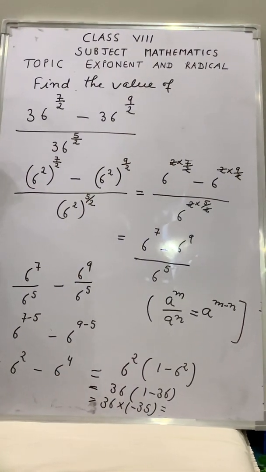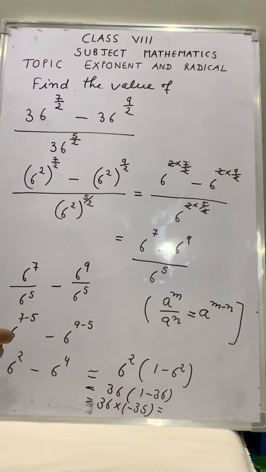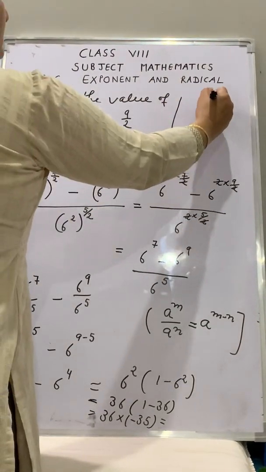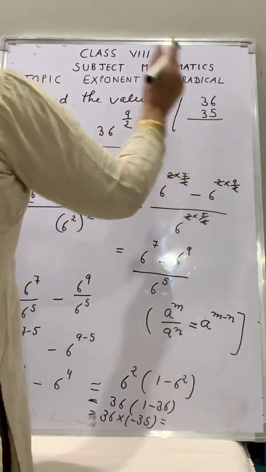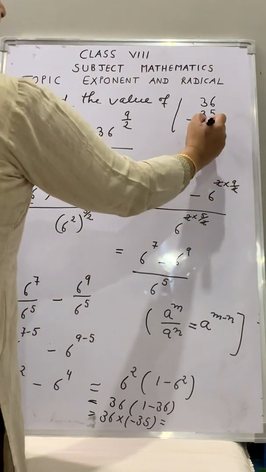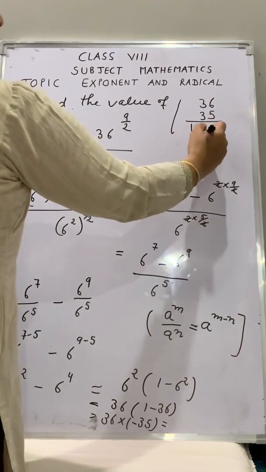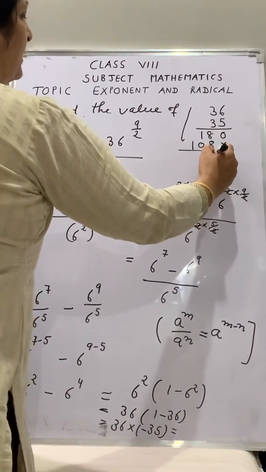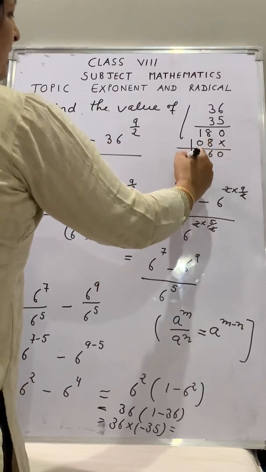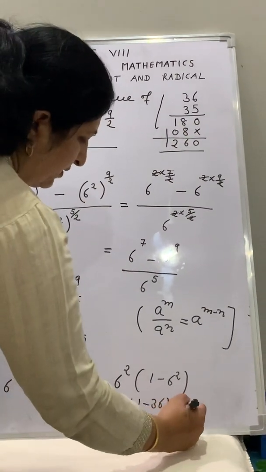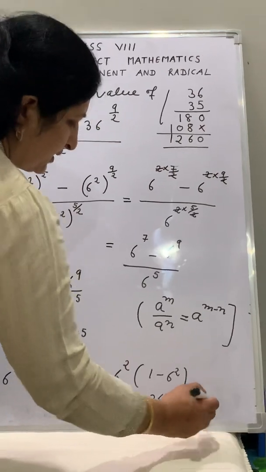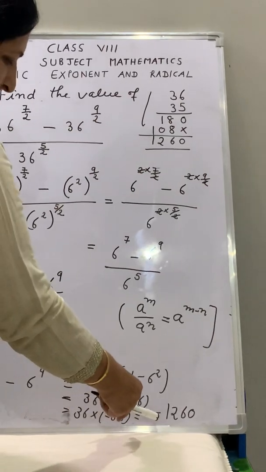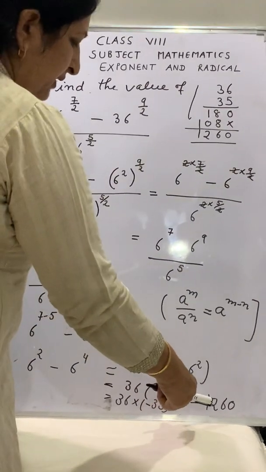Now you have to multiply 36 with minus 35. 36 multiplied by 35: 5 sixes are 30, 15 and 3 is 18, 3 sixes are 18, 1 and 9 and 1 is 10, 0, 8 and 16. Answer will be negative here, minus 1260, because when we multiply a positive integer with a negative, answer will be negative.